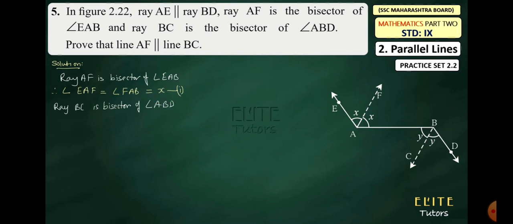In angle ABD, two angles are there, ABC and CBD, and the value of both angles is Y and Y. So we will write angle ABC is equal to angle CBD, or DBC, whatever you can write, equals Y. Put this as 2. First one as 1 and second one as 2.